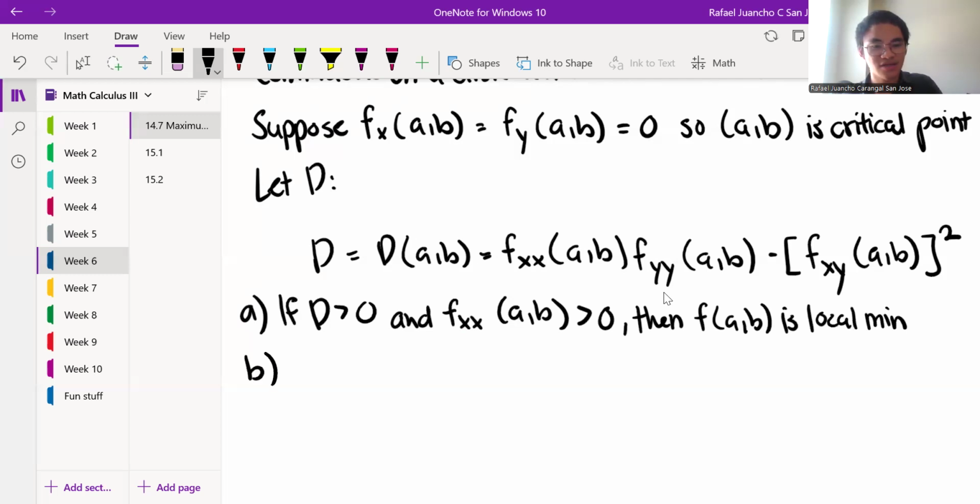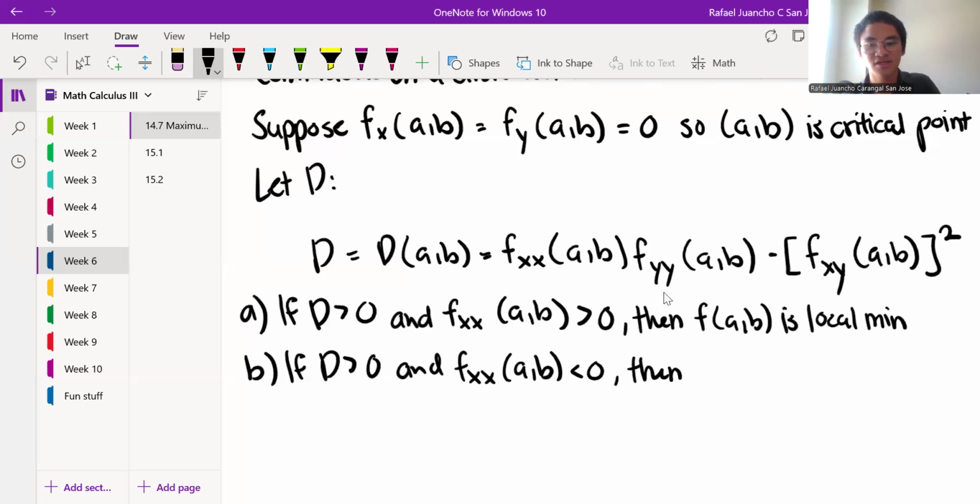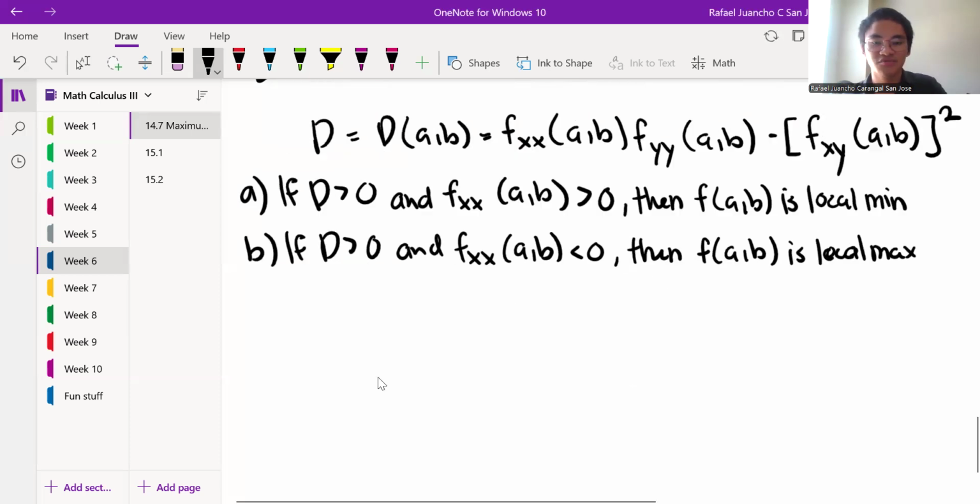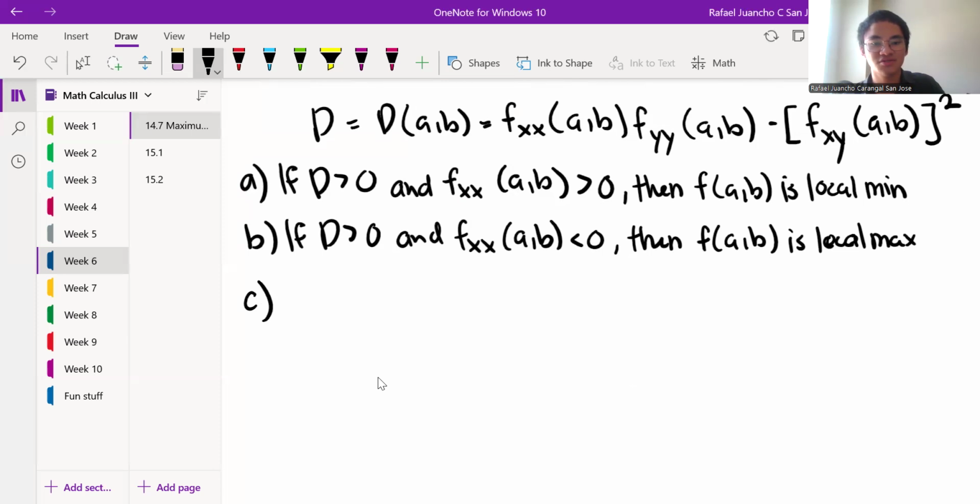And then if my D is greater than 0 but my fxx is negative, then it's a local maximum. And lastly, the case where D is negative, it's a saddle point.